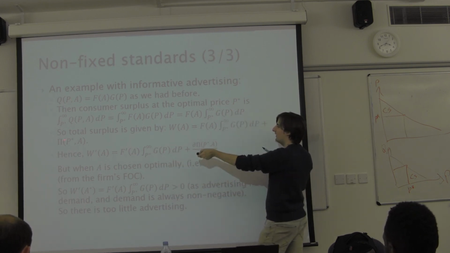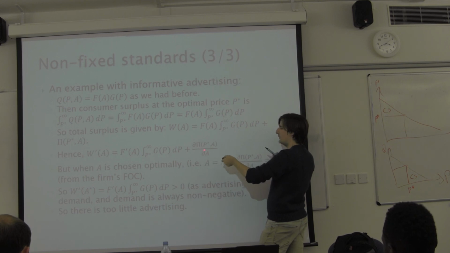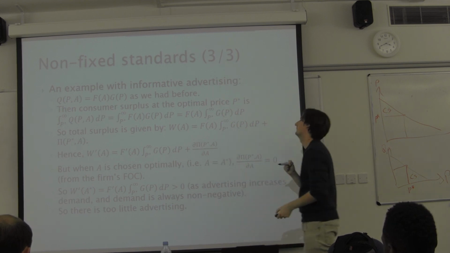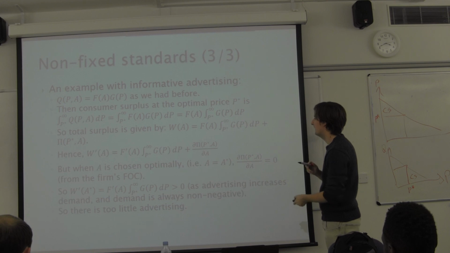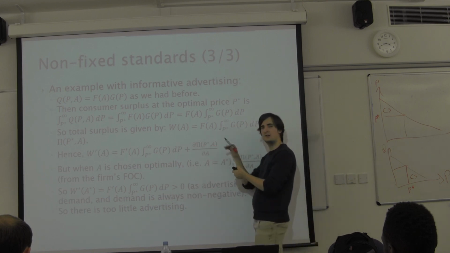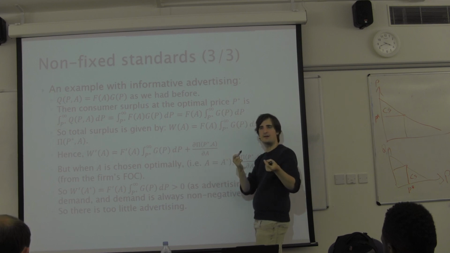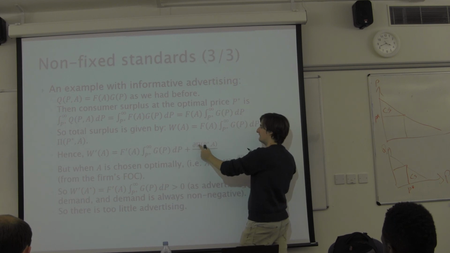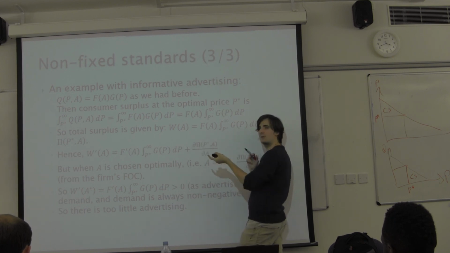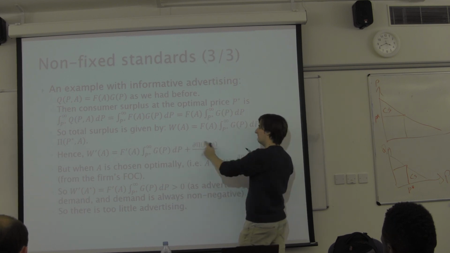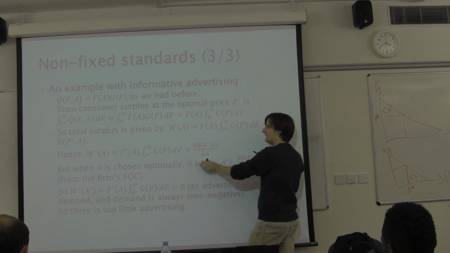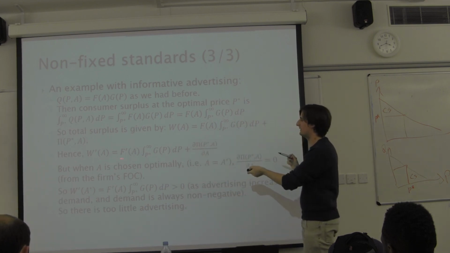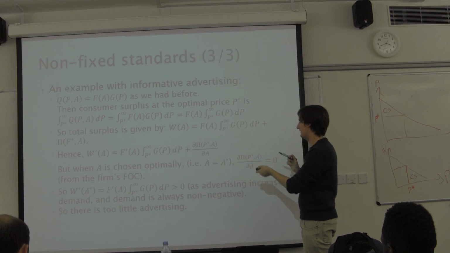And then we get a final term, which is the derivative of the profit with respect to advertising. But the firm chooses the amount of advertising in order to maximize profits. The first order condition says that the derivative of profits with respect to advertising should be equal to 0. So at an optimum, this bit drops out, and the effect of advertising on welfare is just given by this expression.